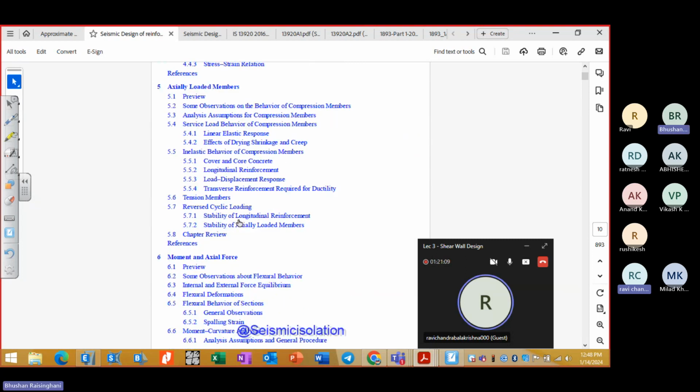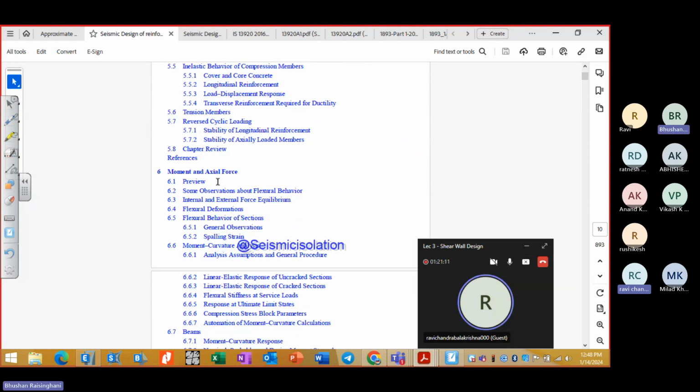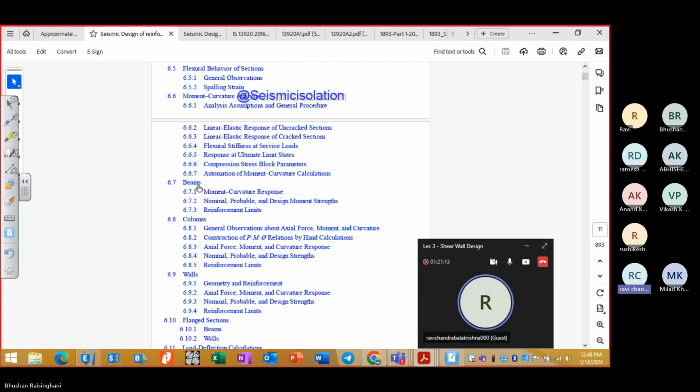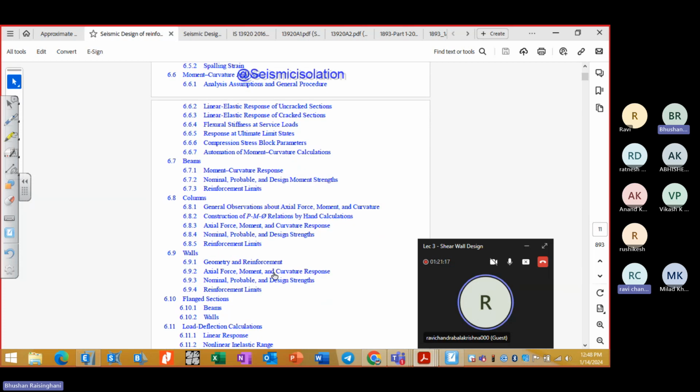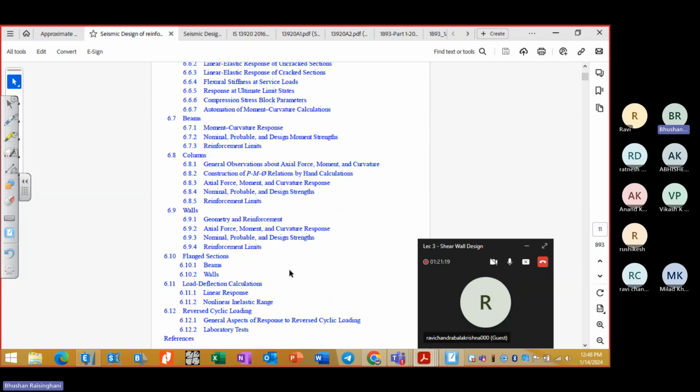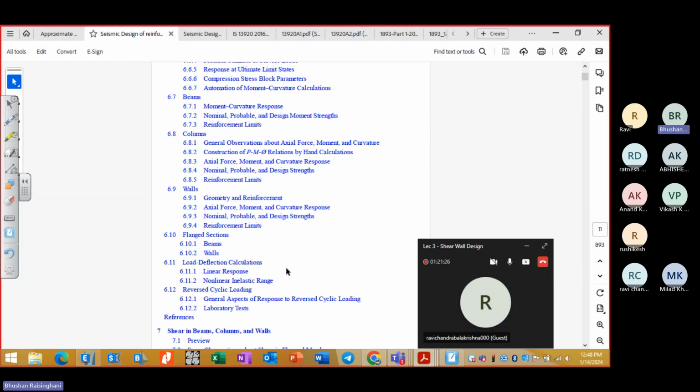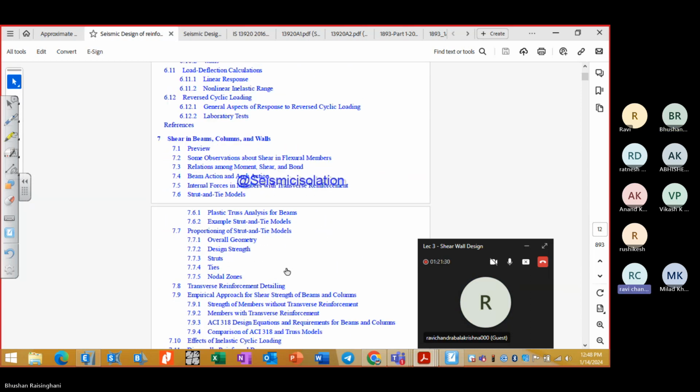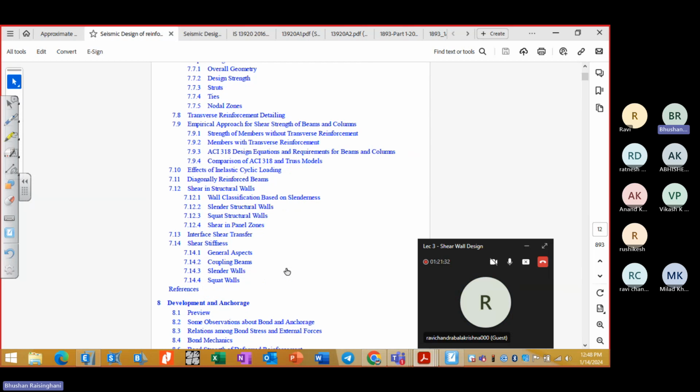Let us suppose my shear force value is 500 kilonewton and my bending moment is 250 kilonewton meter. So it is governed by shear force, so we call it a coupling beam. So your deep beam is basically dominated by shear, right? Yes, sir, that is the way it should be considered. Okay, so you can consider it as a deep beam.